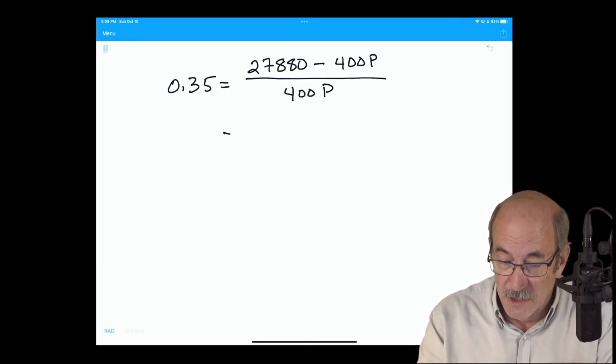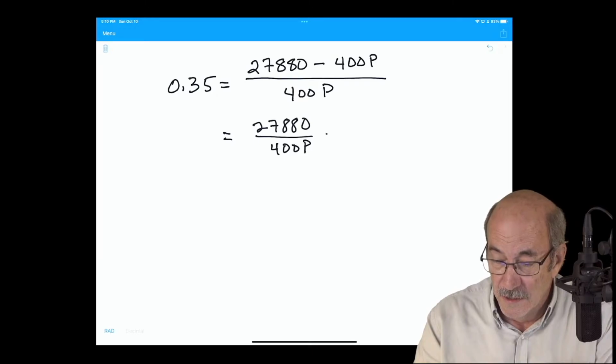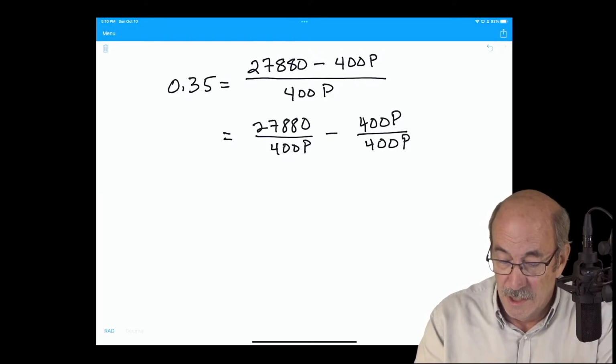So what I can do here is say 27,880 divided by 400P, minus this term, and I know that that right-hand term is equal to 1.